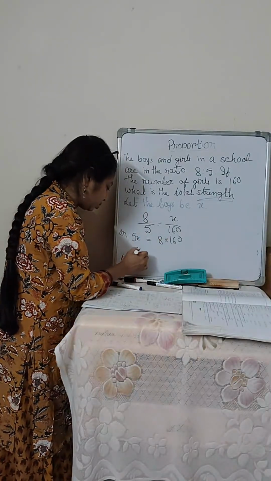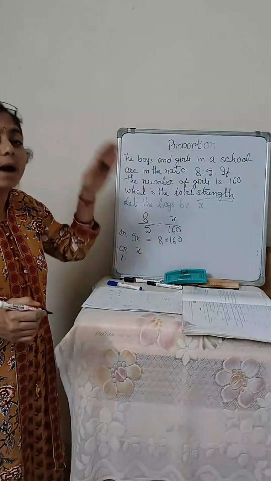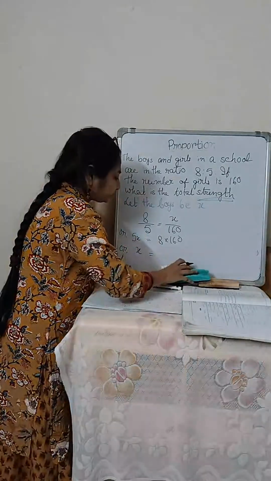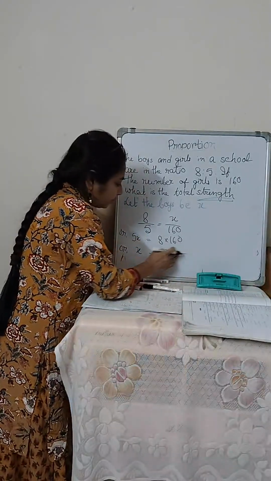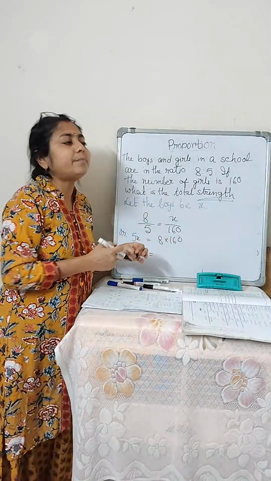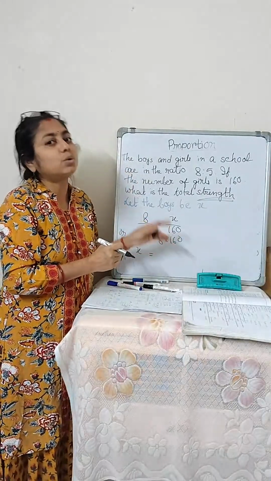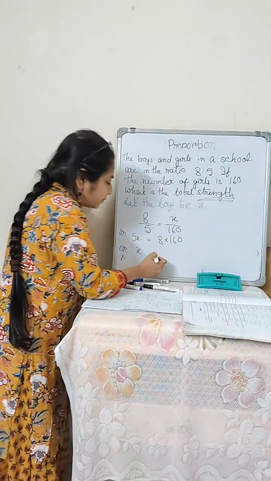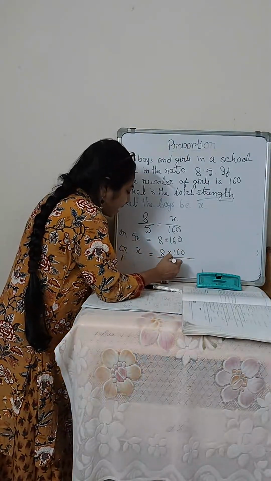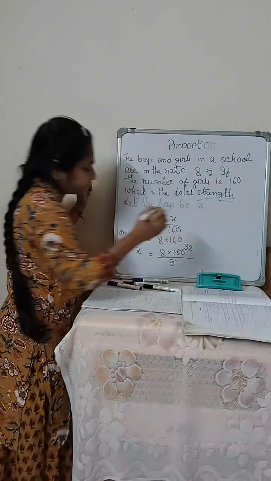Then X is equal to... one more thing, when you write the equal sign, you must write it on the left. All the students, at the time of the exam, please focus on small things. Otherwise your marks will be deducted. 8 into 160 by 5, you check, it is 32.